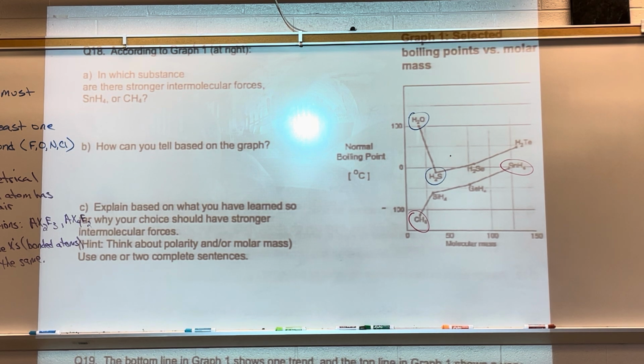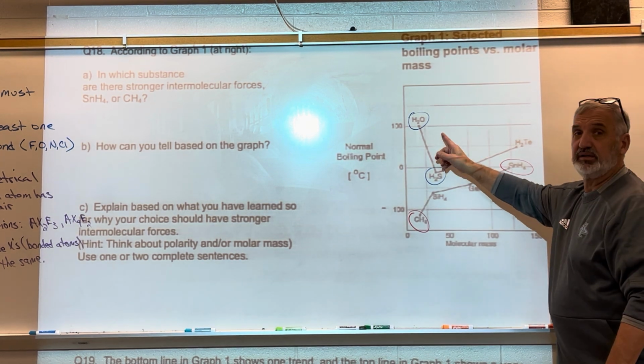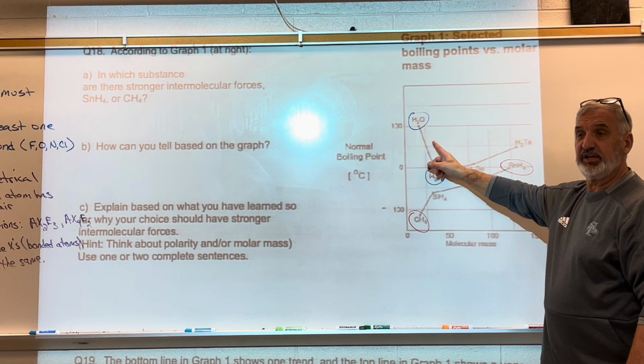You can just tell, look on the periodic table, 8 versus 16. H2O is going to be 2 plus 16, H2S is going to be 2 plus 32. So, which one's heavier, H2S or H2O? H2S. So in terms of London forces, it would be stronger. But there must be something else going on, okay?